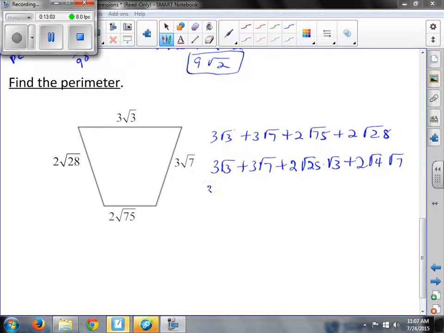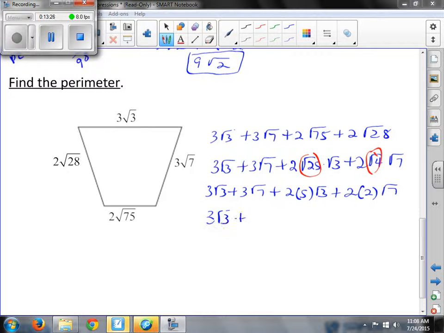So I have 3 square roots of 3 plus 3 square roots of 7 plus 2 times, let's say this square root of 25 will turn into 5 square roots of 3 plus 2, and the square root of 4 will turn into 2 square roots of 7. So now I have 3 square roots of 3 plus 3 square roots of 7 plus 10 square roots of 3 plus 4 square roots of 7.